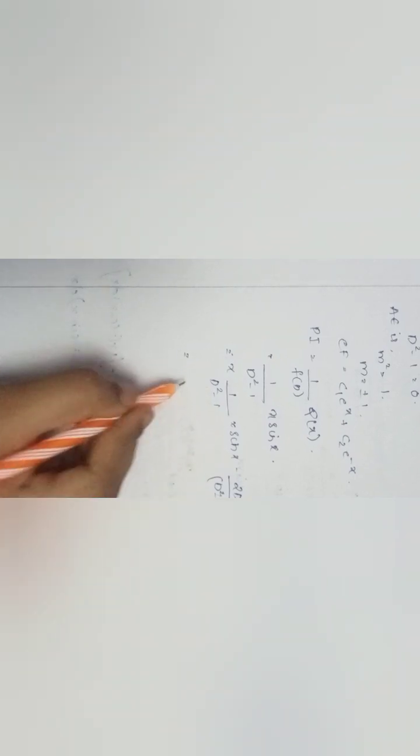So here d square is substituted as minus a square. So applying the value, 1 by minus 1 sin x, 2d on expanding this one, it is d raised to 4 minus 2d square plus 1 into sin x.